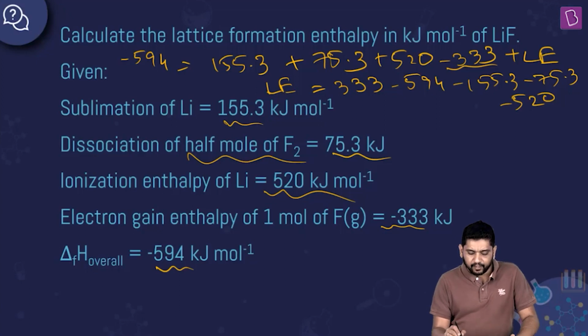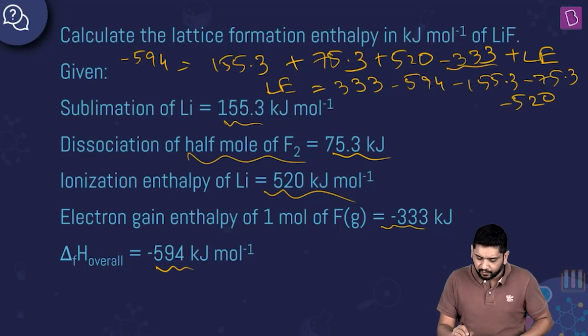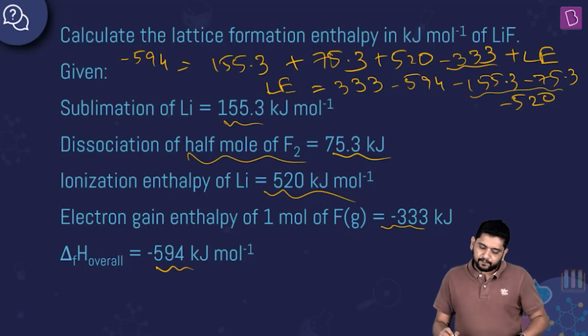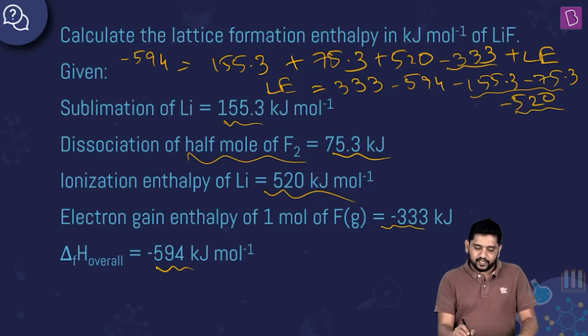How do I simplify this? 155.3 plus 75.3 is 230.6. 230.6 plus 520 is 750.6. Then minus 594 is also there, and 333 was already there.